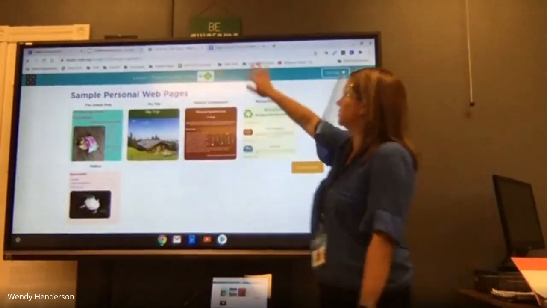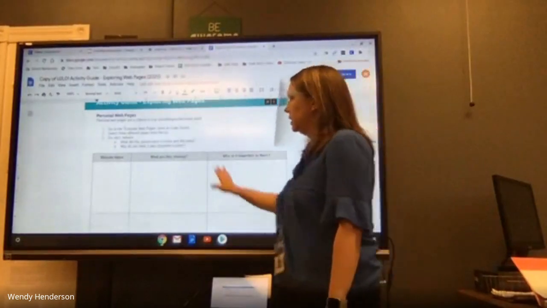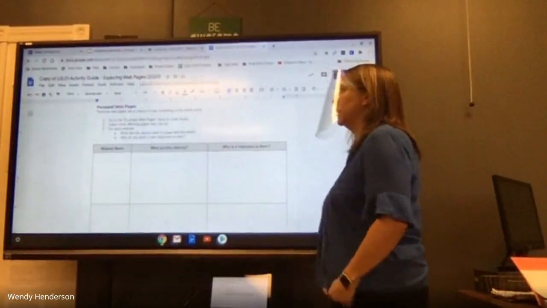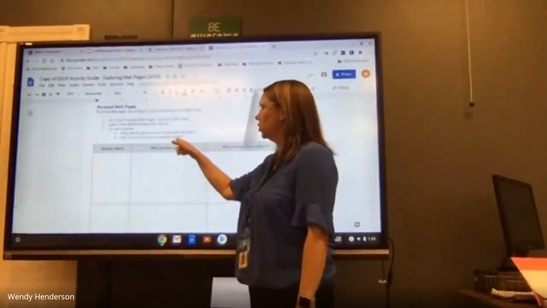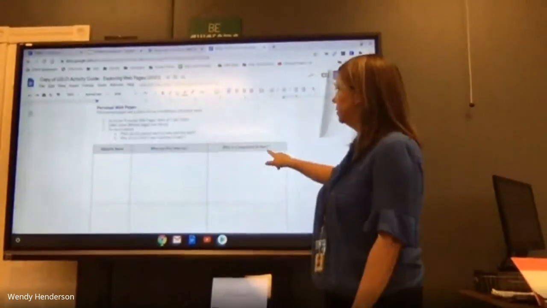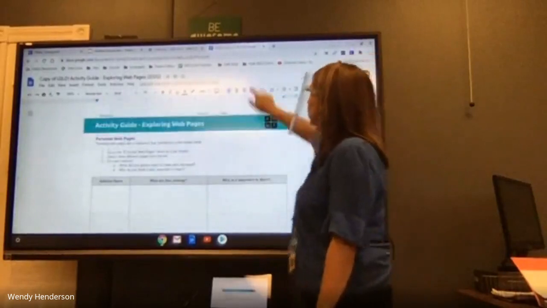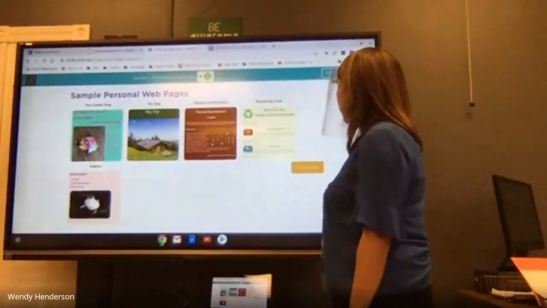And it's going to pull up some sample web pages. So on our activity guide, it says to select 3 different pages from the list, and for each website, let's look at what did this person want to share with the world and why do you think it was important to them. We're going to do that for 3 of those websites. So let's go back.